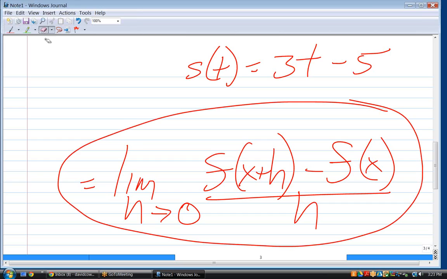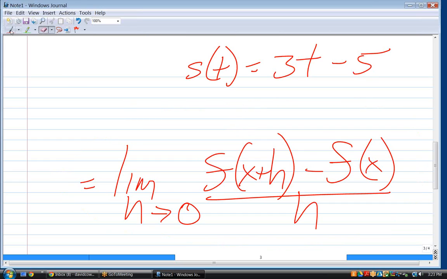But let's do it. What is f of x plus h? In other words, our function is s of t, so what would be s of t plus h? Would it be 3 times t minus 5?